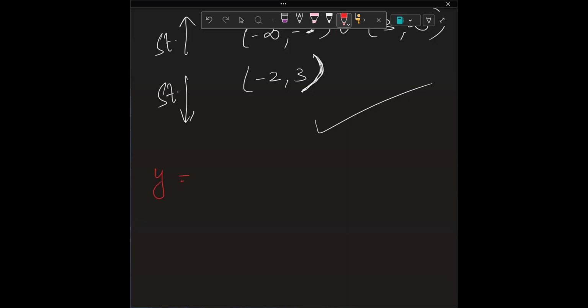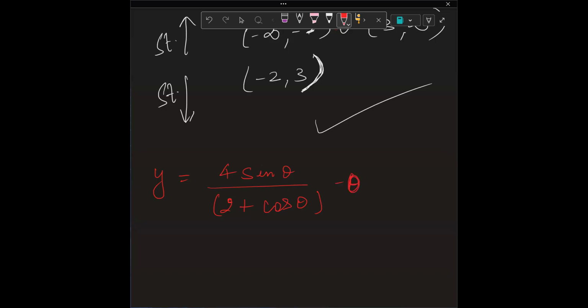You have a function y equals 4 sine theta over 2 plus cos theta, minus theta.